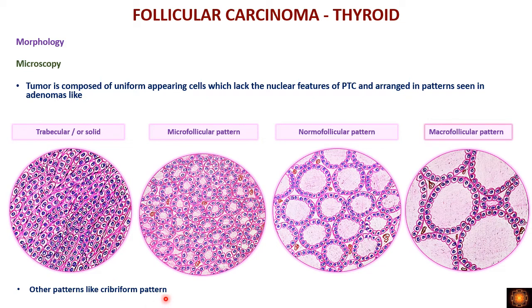Cribriform pattern means we have sieve-like, punched out spaces in between the sheets of cells. So these are the different microscopic patterns we see in the follicular carcinoma: trabecular, solid, microfollicular, normofollicular, macrofollicular, or cribriform pattern.